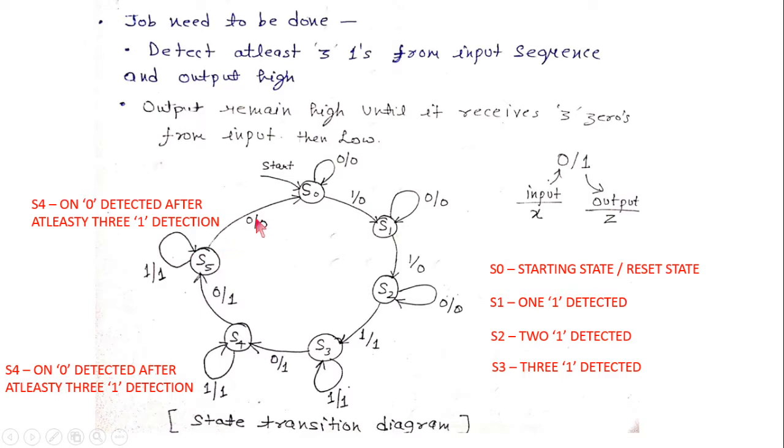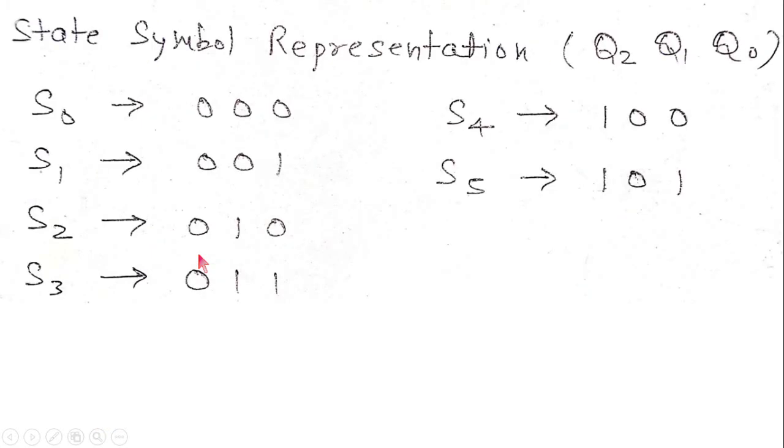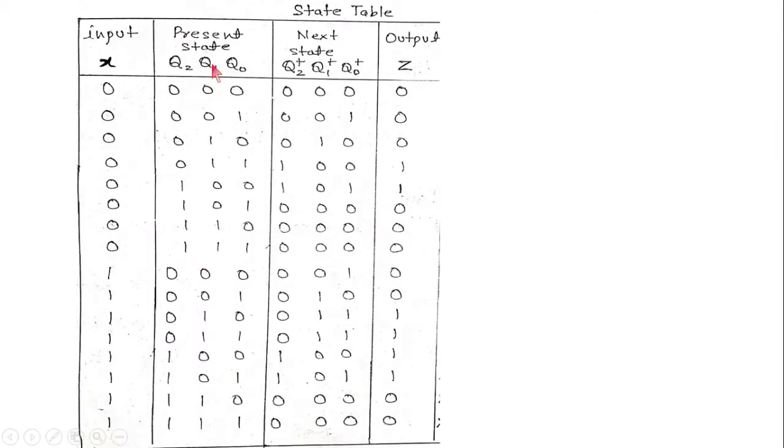S4, when input is 0, it goes to S5, and S5, when input is 0, goes to S0. So according to that we will fill this table. S1 input 0, S1. S2 input 0, S2. S3 input 0, next state S4. S4 input 0, S5. S5 input 0, reset 000.